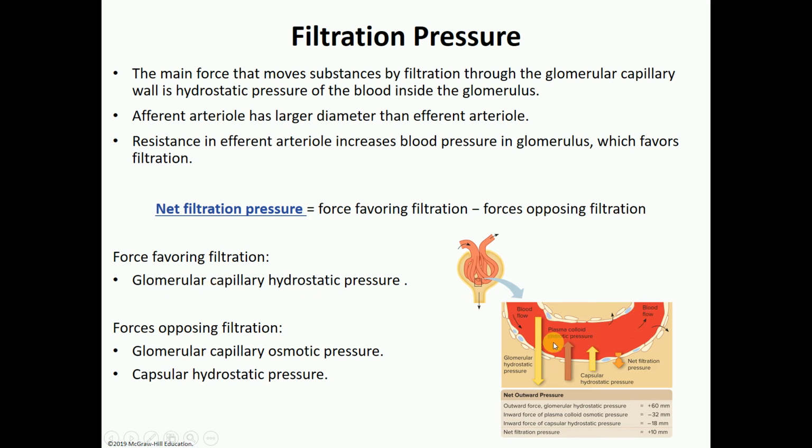So the hydrostatic pressure here in the capillaries is the only one that favors filtration, while the other two pressures, which are the pulling due to the plasma proteins and the hydrostatic pressure out here in the capsule, both of these oppose filtration. But the net result of all three of these pressures ends up favoring filtration.